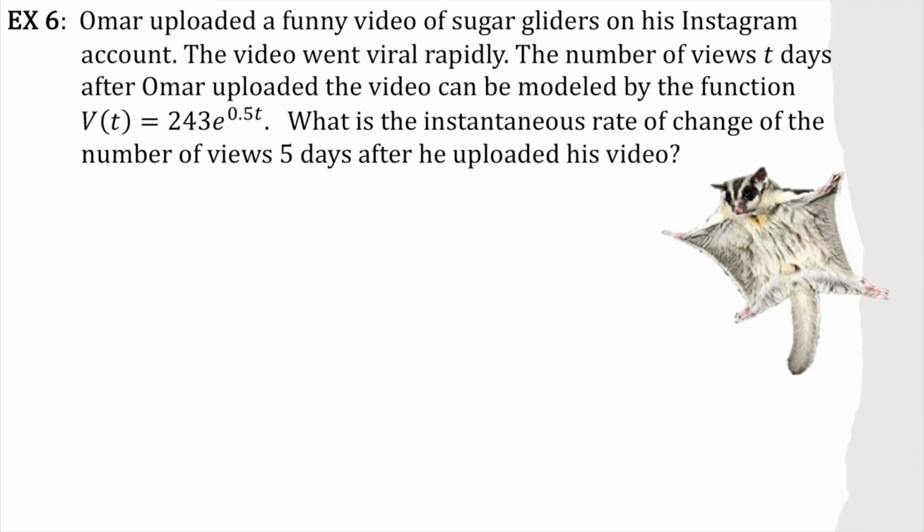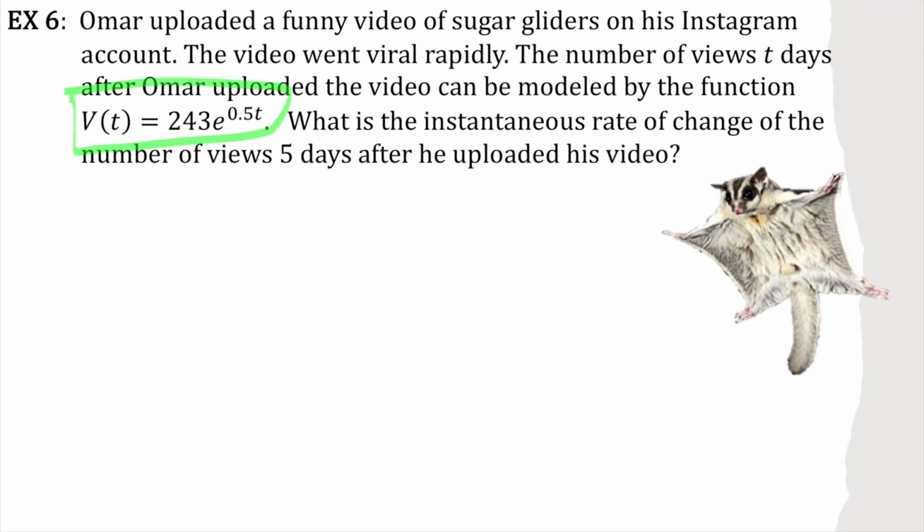How about sugar gliders? Omar uploaded a funny video of sugar gliders on his Instagram account, and the video went viral rapidly. The number of views, t days after Omar uploaded the video, can be modeled by the function v of t equals 243e to the 0.5t. Omar is a genius because he came up with that.